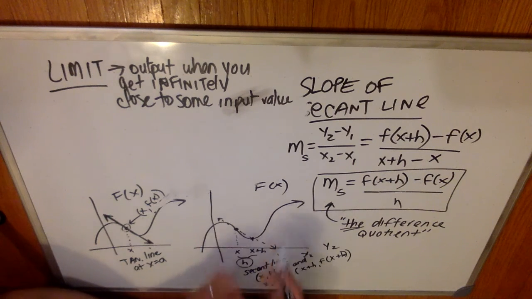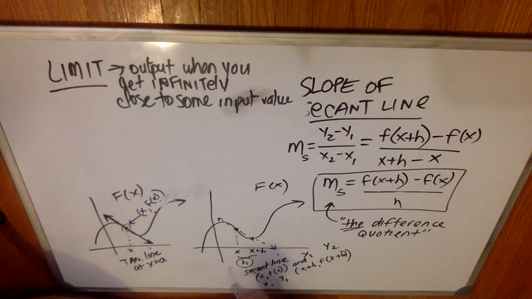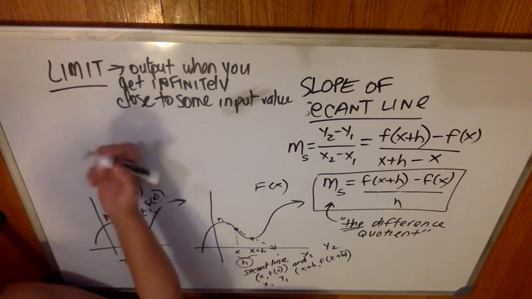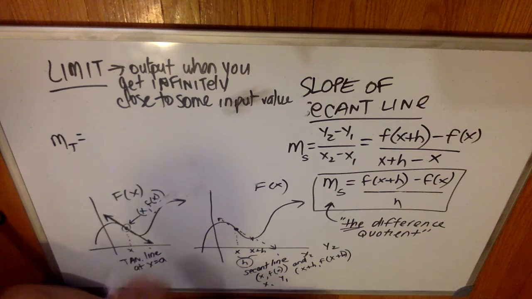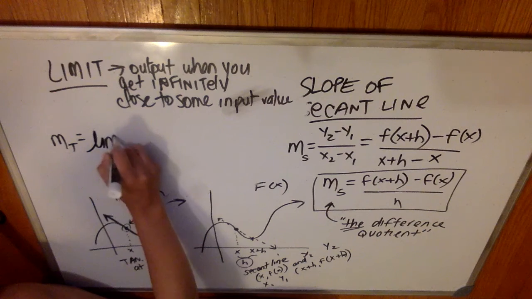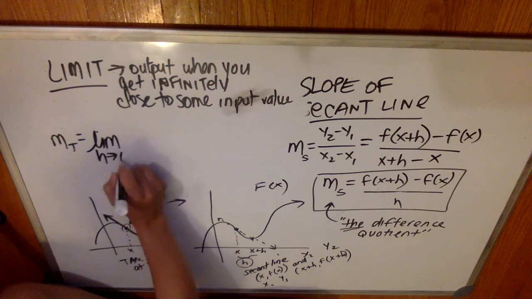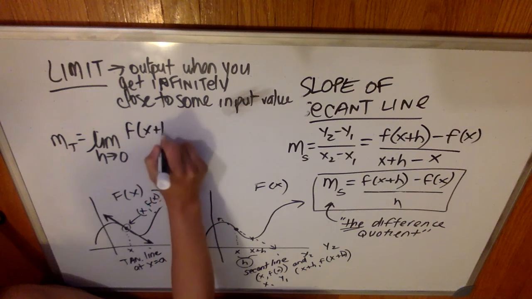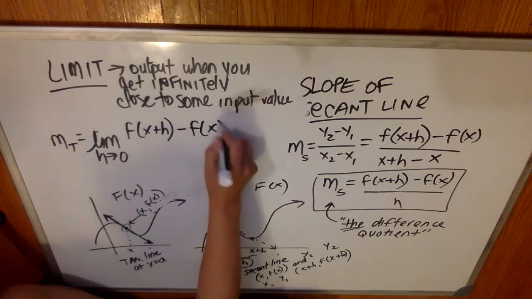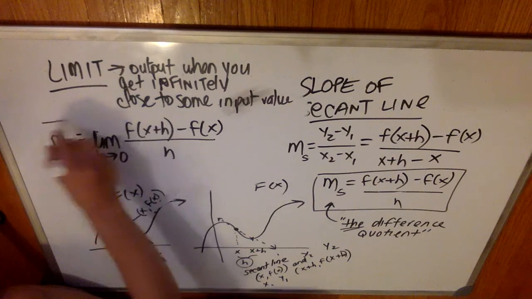So what we want is the tangent slope, I'm going to call it m sub t, to be the limit as h gets really close to 0 of this difference quotient, of this thing that we saw.